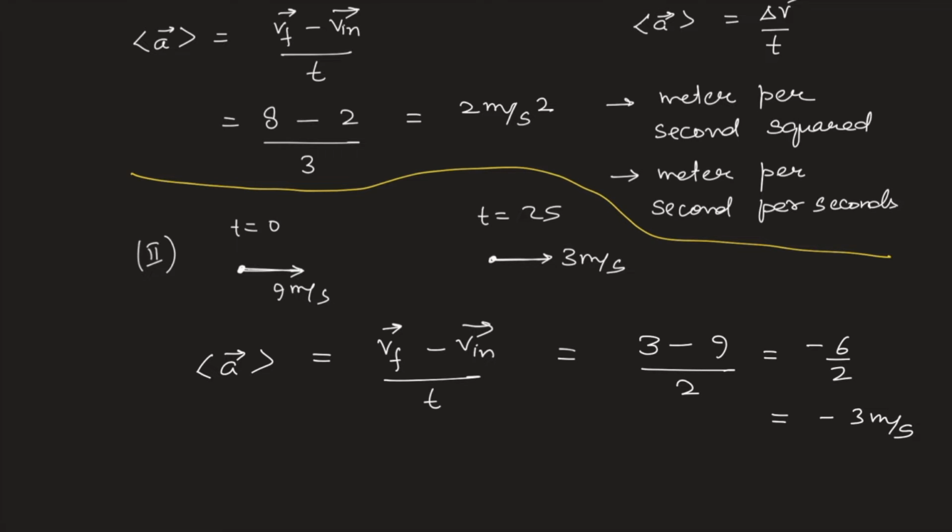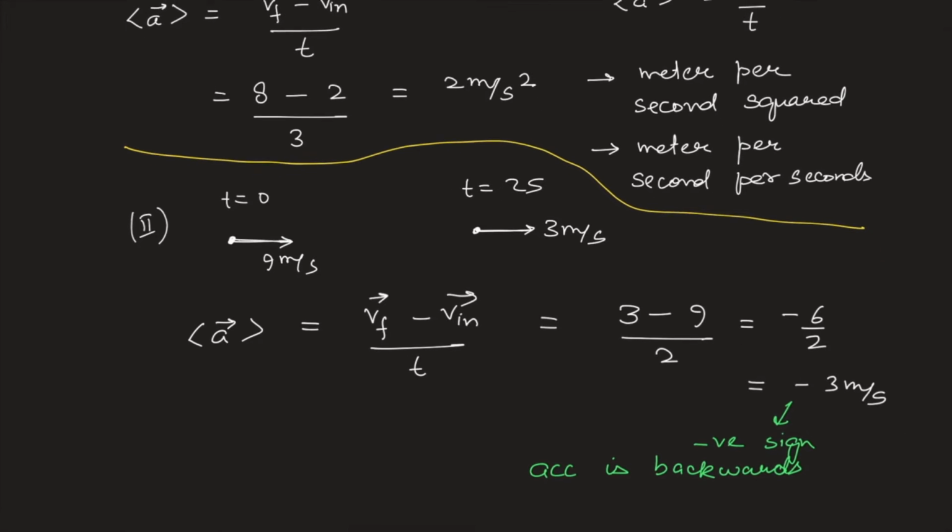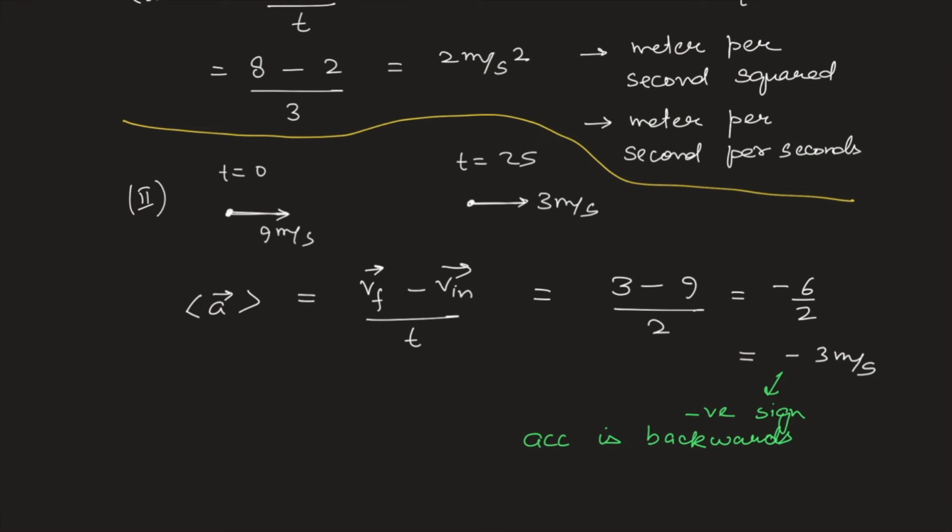So the negative sign tells us that acceleration is backwards, or in other words we can say that the acceleration opposes the velocity.